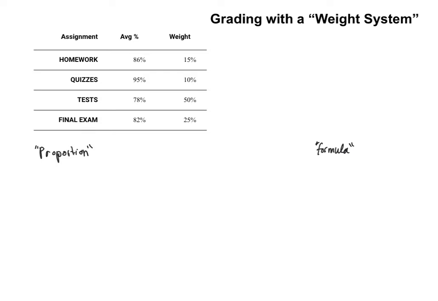In this scenario, these weights are relative to some overall grade. 50% of that overall grade at the end of the semester is going to be due to their score on the tests. 25% of their overall grade will be as a result of their score on the final exam.